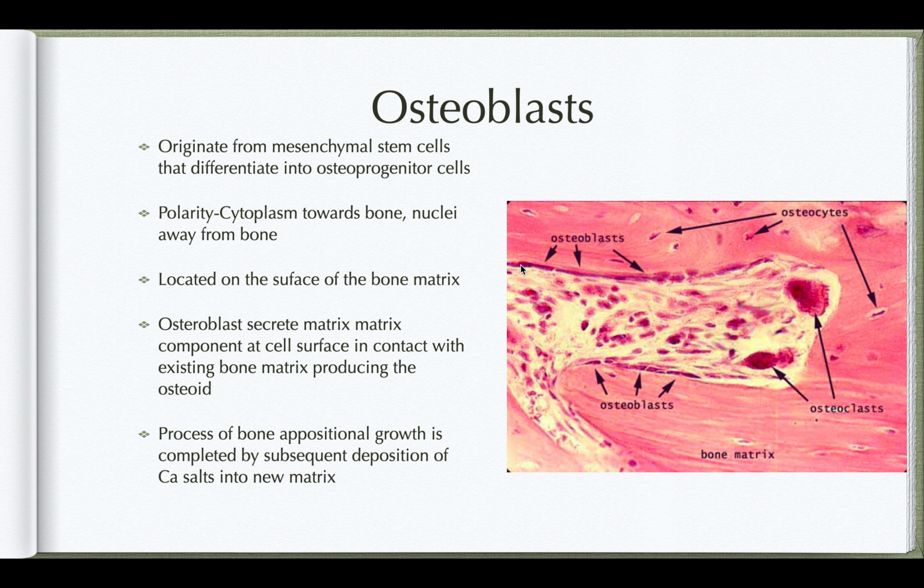It's located on the surface of the bone matrix, and the osteoblast will secrete the matrix compound at the cellular surface in contact with the existing bone matrix, and that will produce the osteoid. The process of bone appositional growth is completed by the subsequent deposition of the calcium salts into the new matrix.